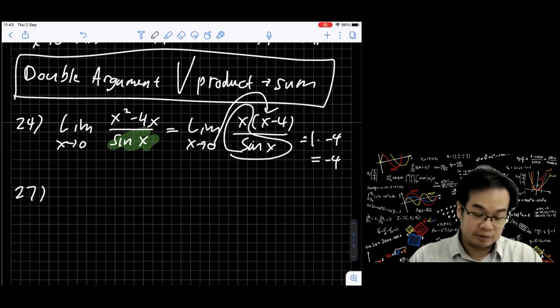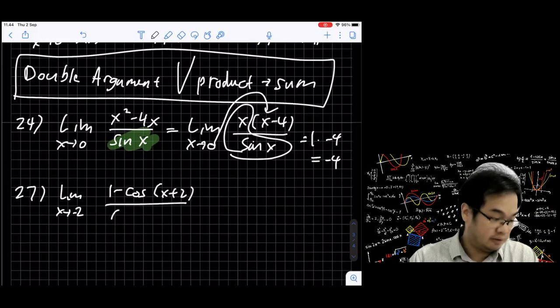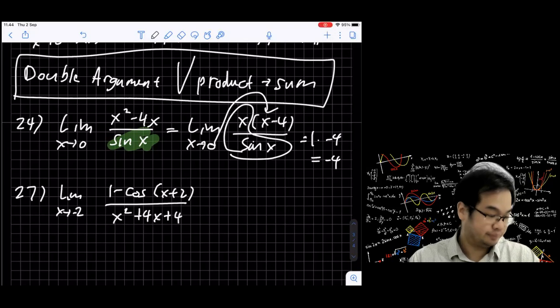Number 27: I have the limit as x approaches negative 2 of (1 minus cosine of (x plus 2)) over (x squared plus 4x plus 4).